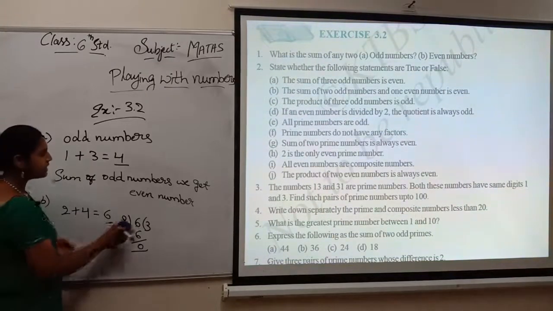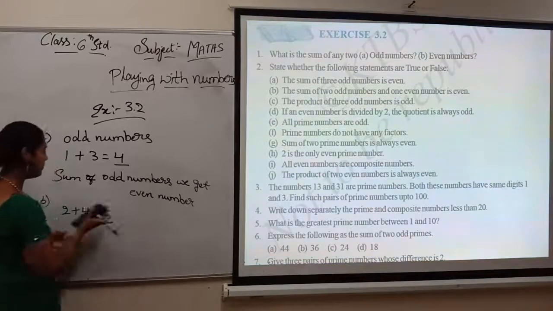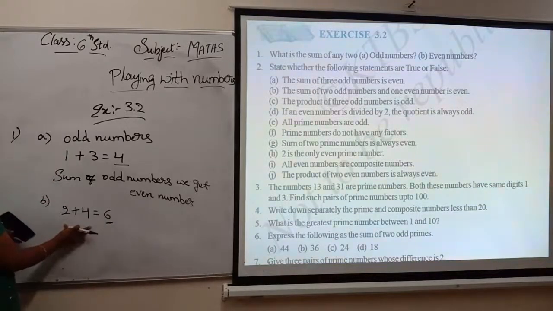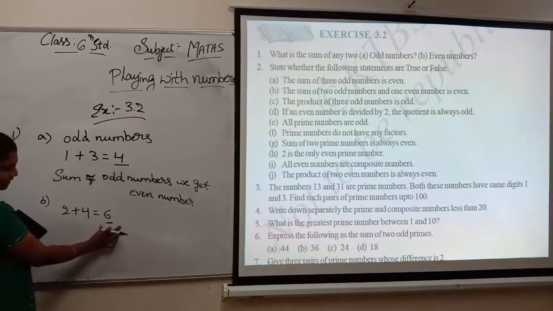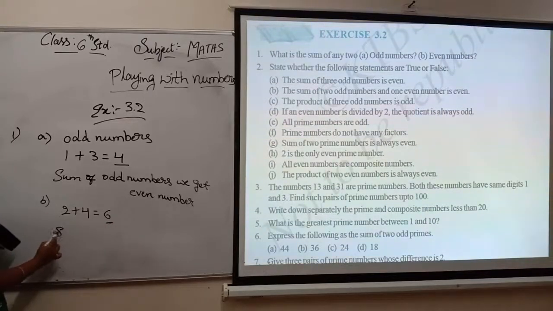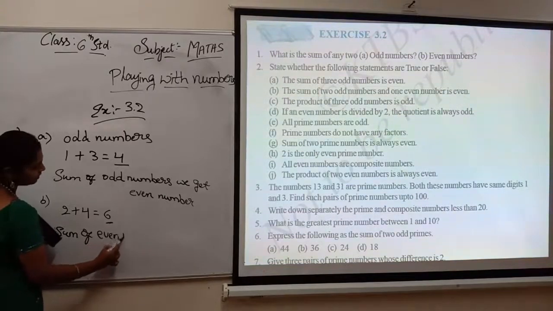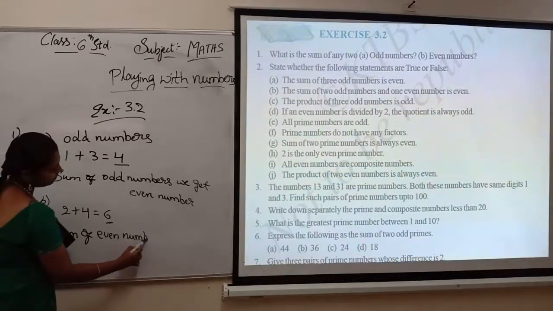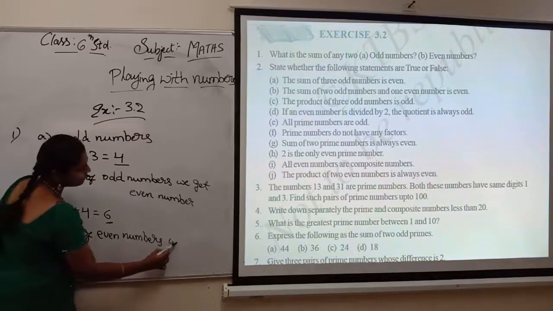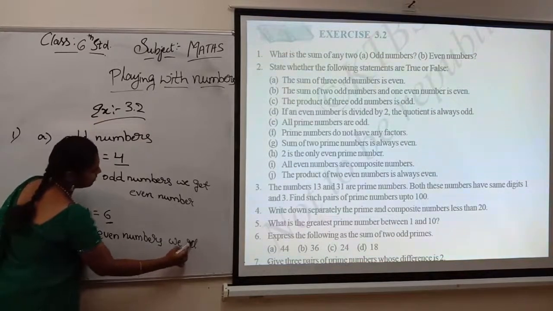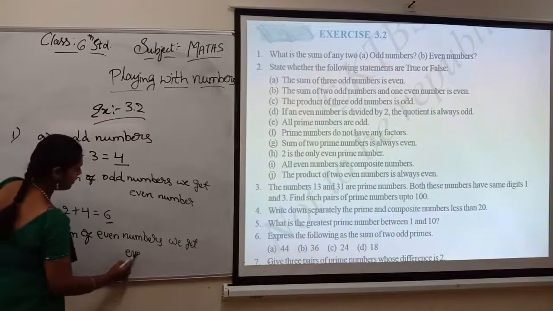So 6 is an even number only. By doing the sum of 2 even numbers, we get an even number only. Sum of even numbers is an even number.